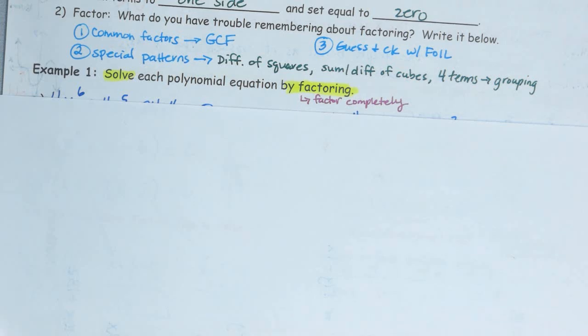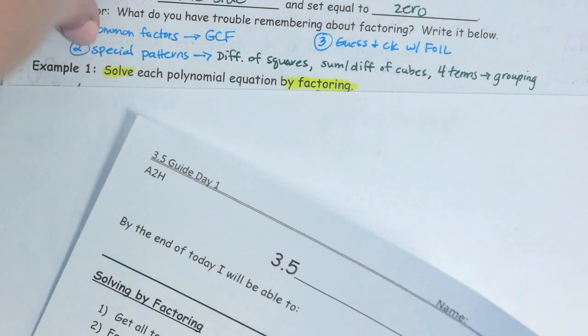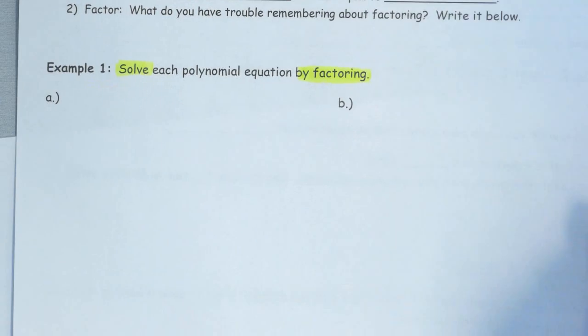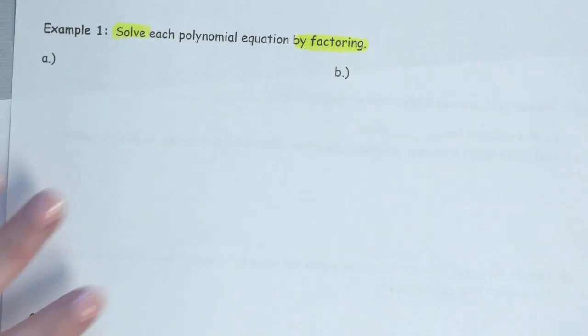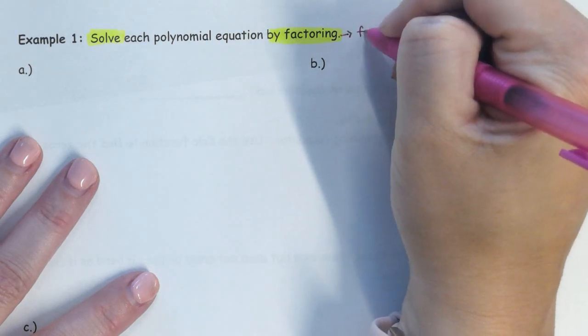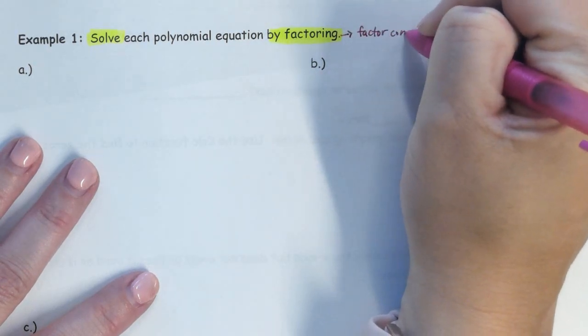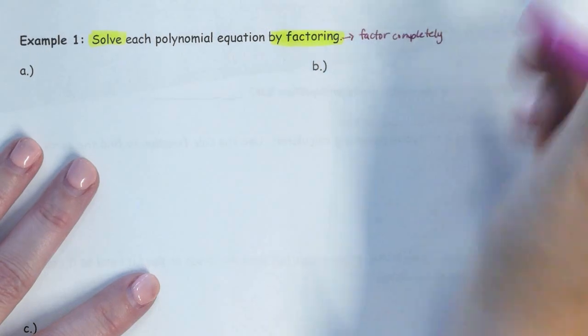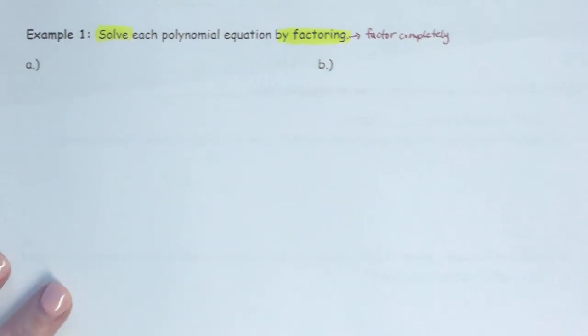You couldn't have like the difference of 2 cubes or the difference of 2 squares. You'd have to break that down. All right, and then let's try part A together. Okay, so again, when it says factoring, we have to factor completely. We'll go over some examples of what to watch out for.